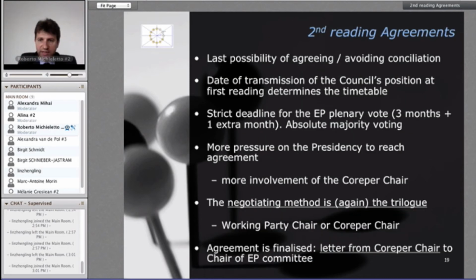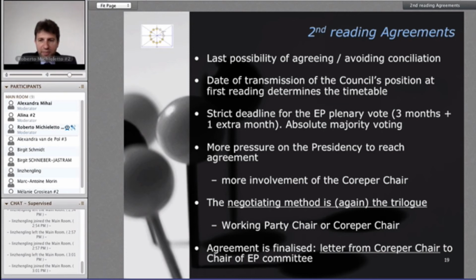If they don't find a compromise, even between the Parliament's first reading position and the Council's first reading position, then we start the second reading without compromise. You may understand that if they didn't find enough willingness to find a compromise, it is difficult to find one now after all the time they had.